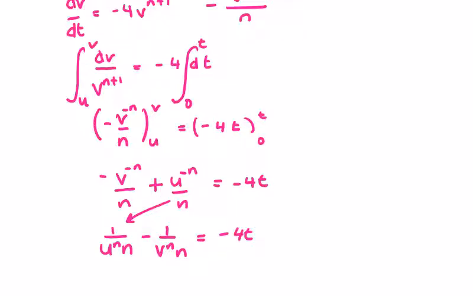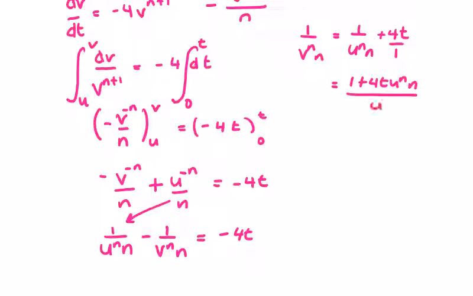So I'm going to bring the v term to the right, to make it positive. 1 over v to the power of n times n will be equal to, the other two being positive as well, 1 over u to the power of n times n plus 4t. If we make this a simple fraction on the right, we get 1 plus 4t u to the power of n times n, over u to the power of n times n. That's equal to 1 over v to the power of n times n.